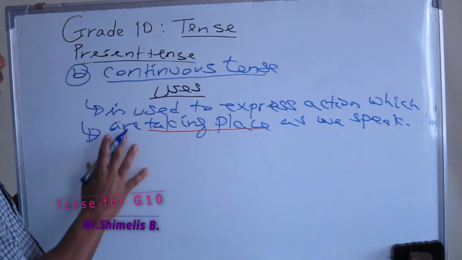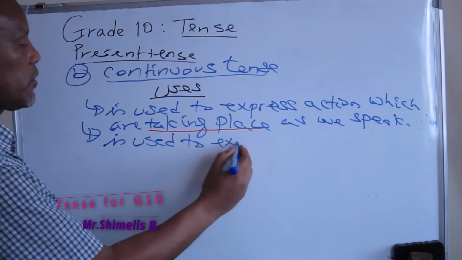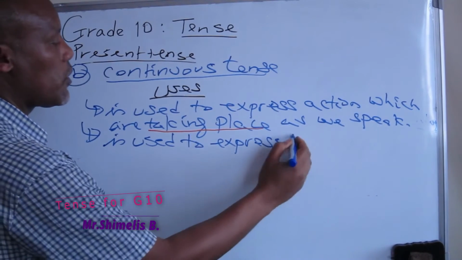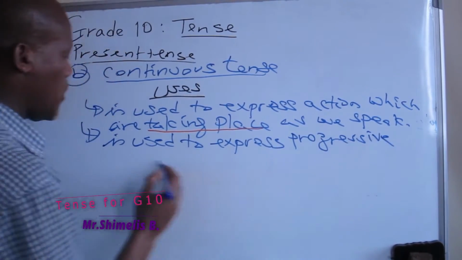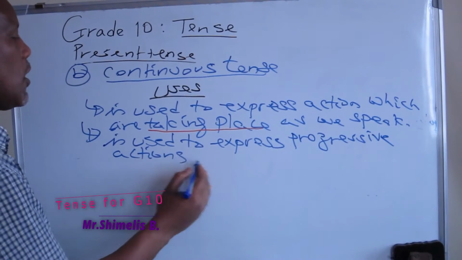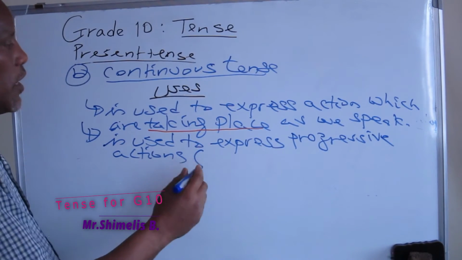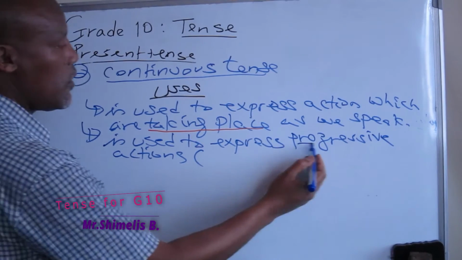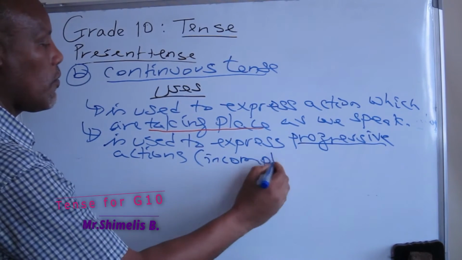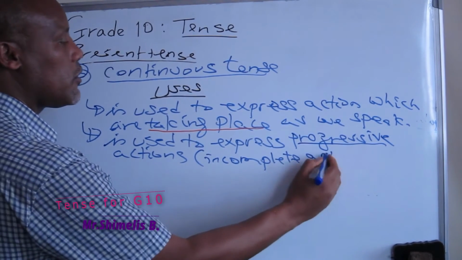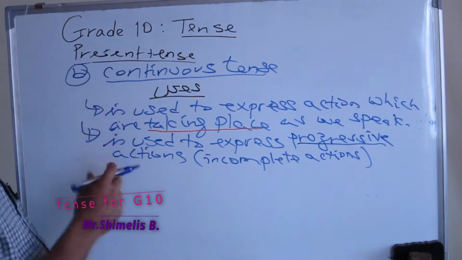Okay, it is used to express progressive actions in general, or actions which are always in motion, actions which are already in progress, or we can say incomplete actions. Incomplete actions in present can be expressed using present continuous tense.